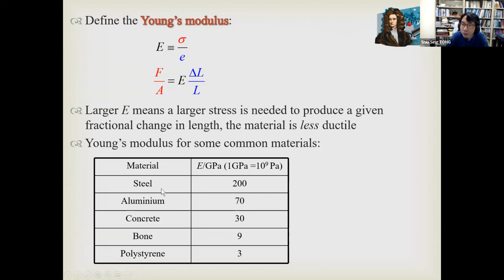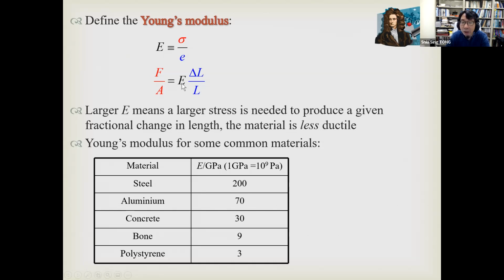Although steel is strong, it is actually quite ductile compared with other materials because the metal can deform a little bit. Steel has a Young's modulus of 200. You notice that the unit for the Young's modulus is Pascal, because delta L over L, the strain, does not carry any unit.